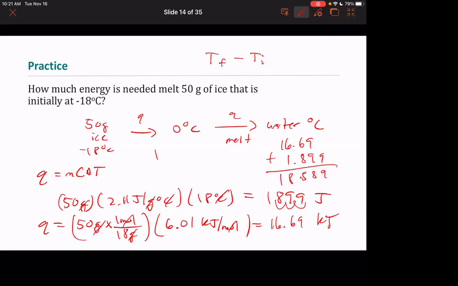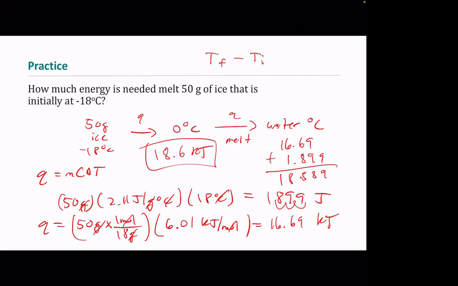So we got about 18.6 kilojoules, right? For our answer. So that's the energy necessary to heat ice at minus 18 degrees C to water at 0 degrees C. Questions?